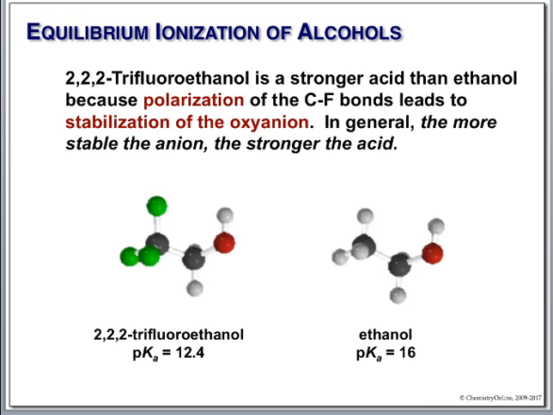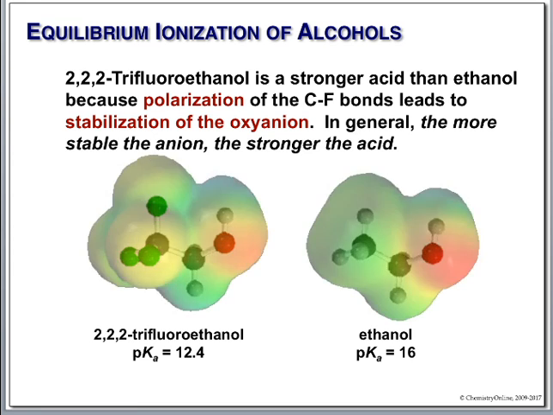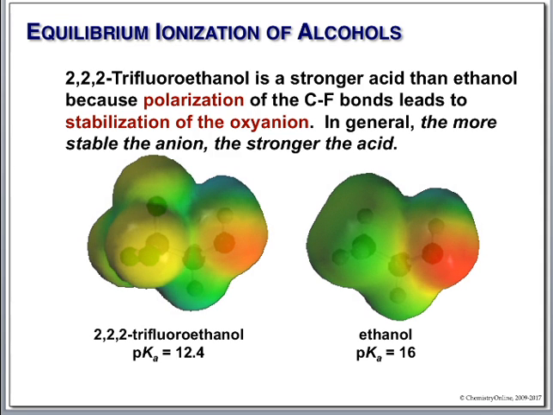If we look at the electrostatic potential map, we actually notice something fairly interesting. Here is our carbon, here's our OH. You'll note that there's less red here than there is here. But because the fluorines are so electronegative and they're sucking electrons away, the dipole actually goes this way.